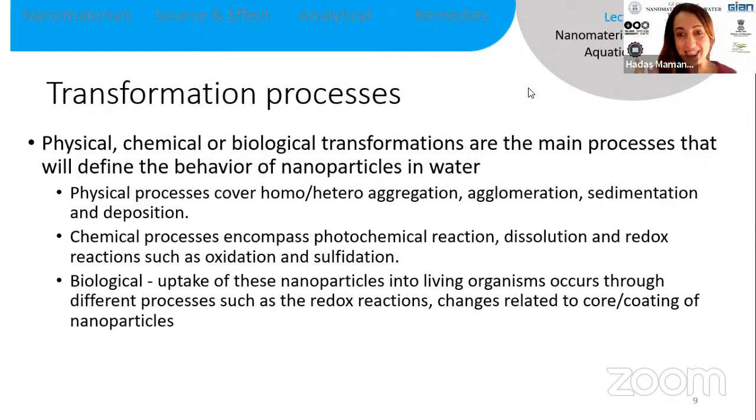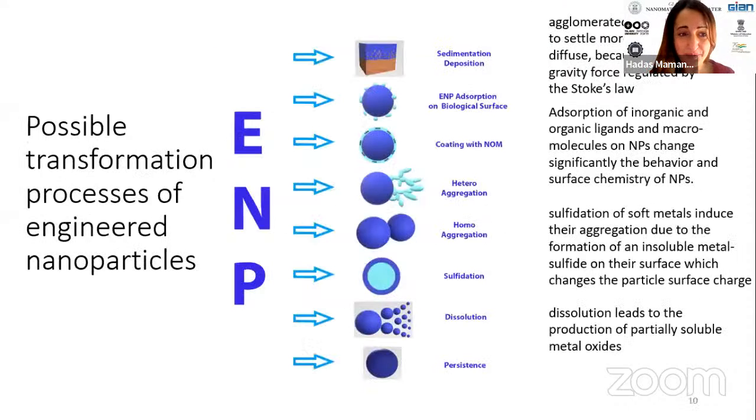But again, these are complex phenomena, and we're not sure how large the magnitude of the dissolution would be and how it will impact the toxicity. So these are things that are very important.